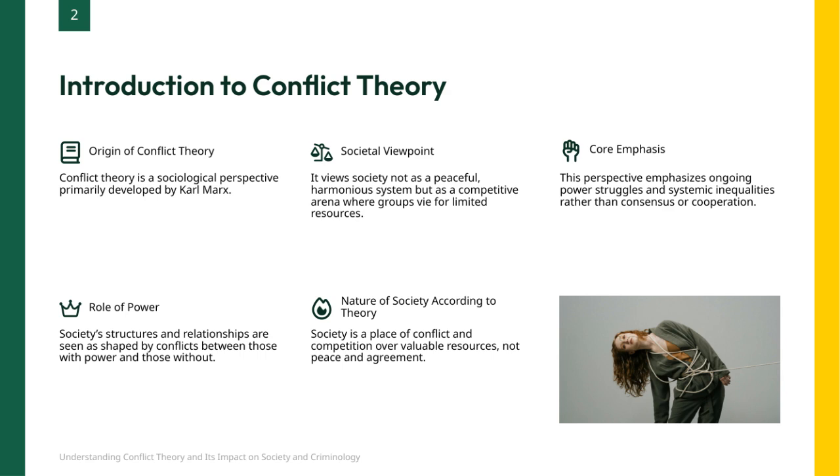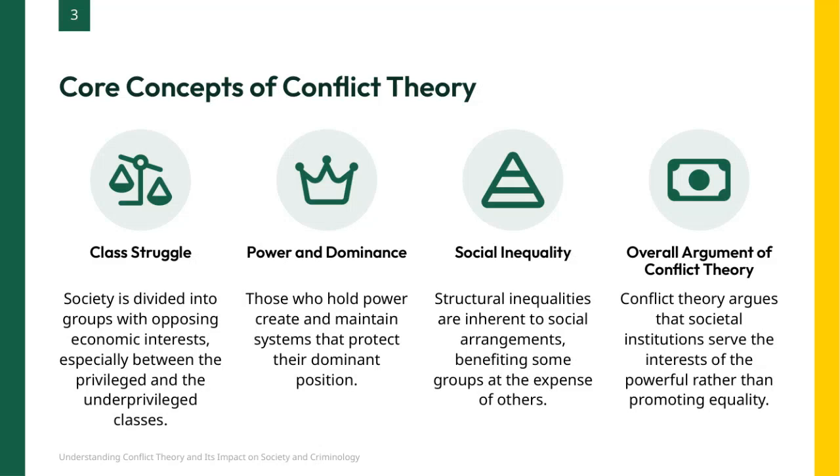When we talk about conflict theory, there are a few key concepts that really define how it views society. First, there's the idea of class struggle. This means society is split into groups with opposing economic interests, mainly between those who are privileged and those who aren't. Essentially, these groups are always in tension because their needs and goals clash. Next is power and dominance. The theory highlights that people in power don't just randomly hold power, they actively create and sustain systems that protect their dominant status.